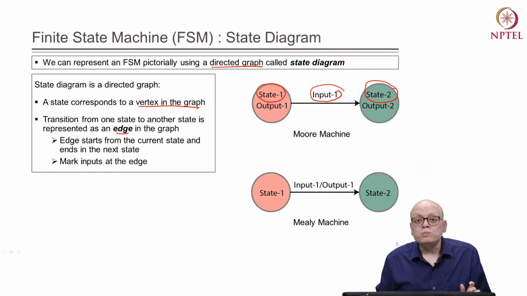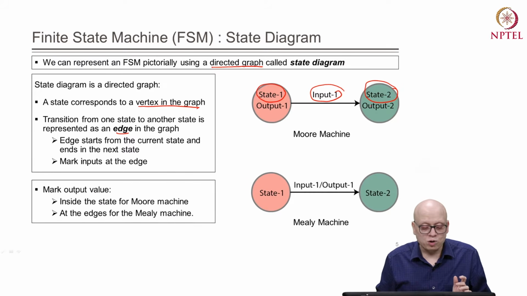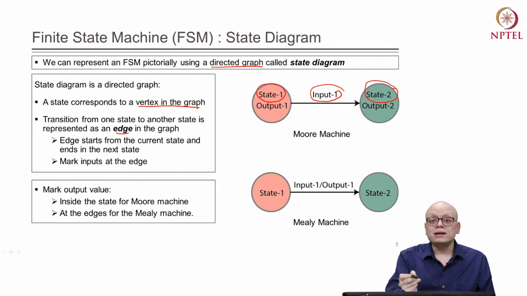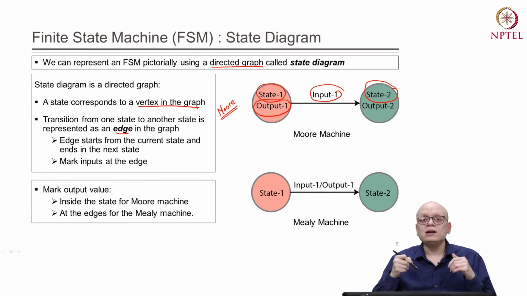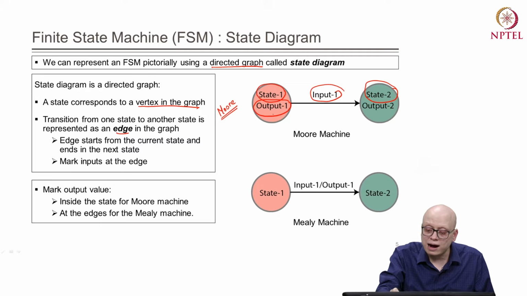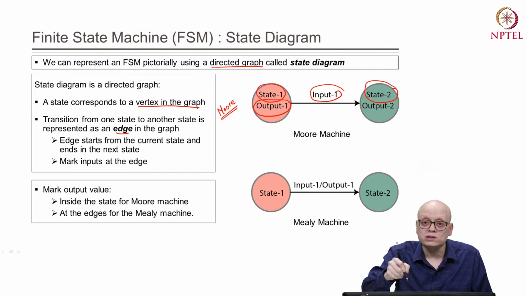Now, how is the output modeled? Output is modeled by marking the output at the vertex, for example, if this is a Moore machine. The output depends only on the current vertex or current state, and therefore, we can mark the output directly at the state or the vertex.